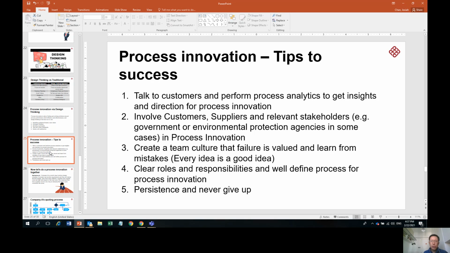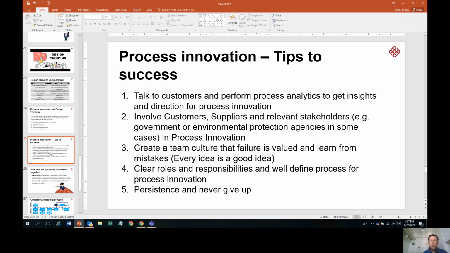So in order to have a process innovation that is able to cope with different perspectives, you sometimes need to make sure that you involve the government or environmental agencies as well.